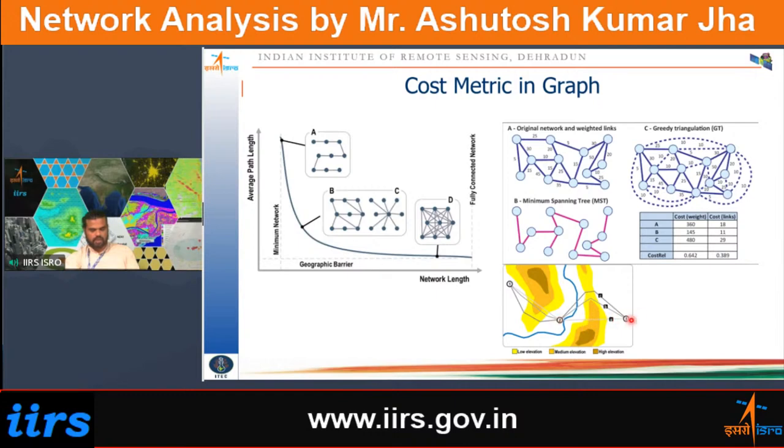So the corresponding impedance will be low in one case, and if you go the other way there may be a higher one. So this cost effect analysis can also be carried out and can be used as a cost matrix in the graph.